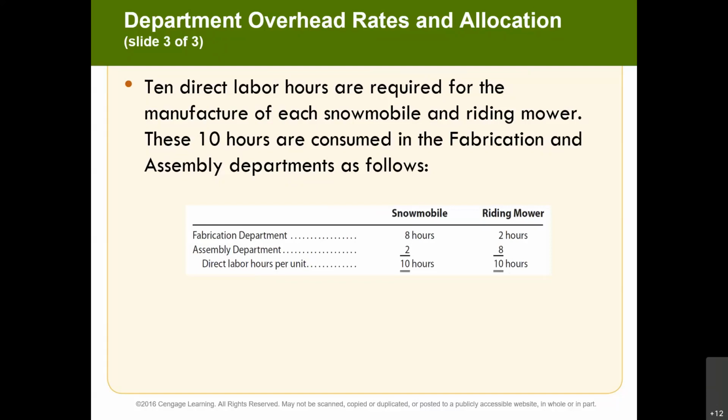In fabrication for the snowmobiles, it takes 8 hours, and in the assembly department, it takes 2 hours, giving us a total of 10 direct labor hours. For the riding lawnmowers, it's the opposite. The fabrication department only needs 2 hours, and the assembly department needs 8 hours, giving us 10 hours per riding lawnmower.